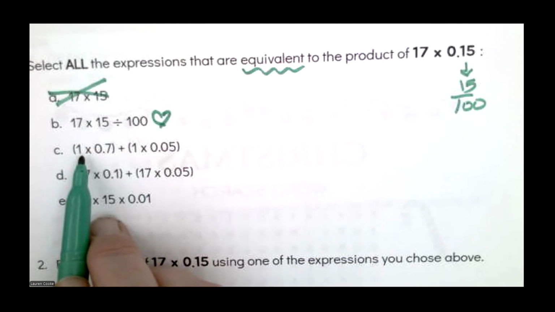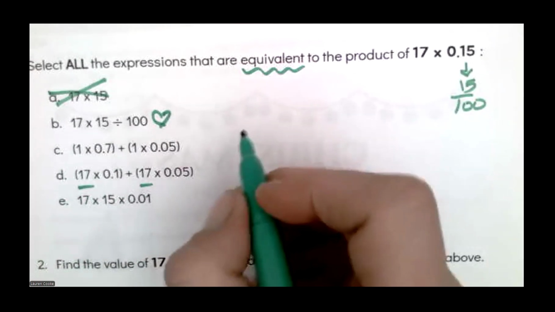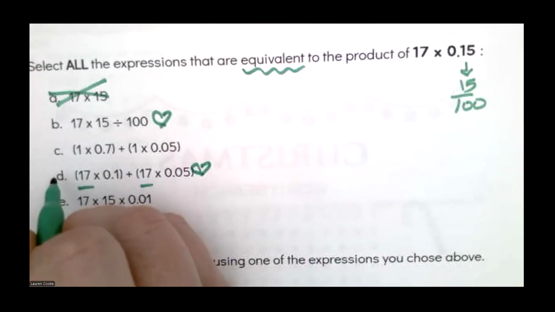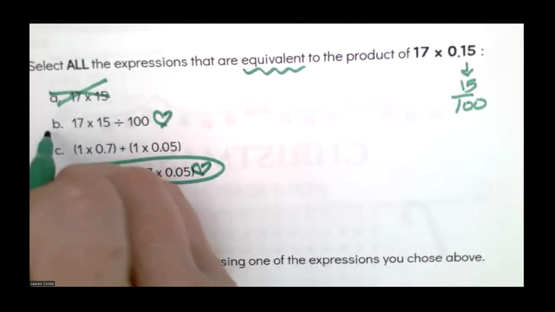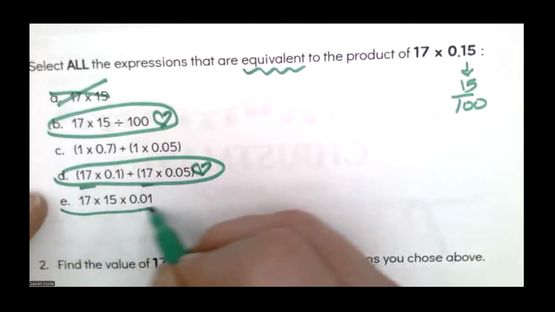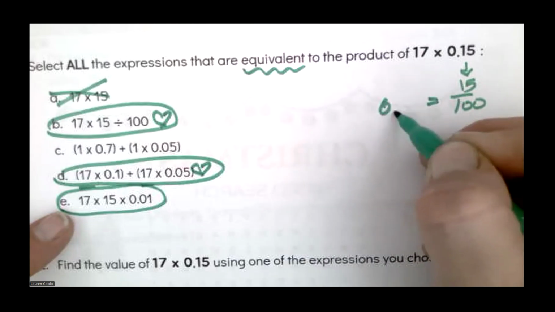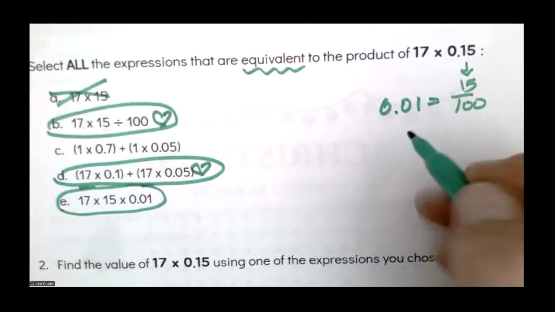Now I have 1. Okay. I'm going to come back to that one. Here I have 17, and let's see if I broke up 1500ths properly. 1/10, 500ths. Yes, this one works. I like this one. And I like this one. We're going to come back to C, and let's look at this last one. Yep, I can multiply the 2 whole numbers, and then this is also hundredths place, right?